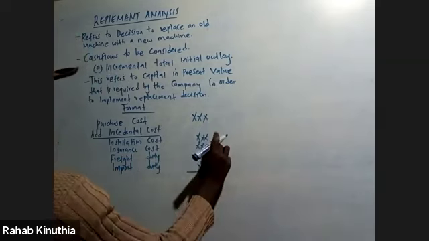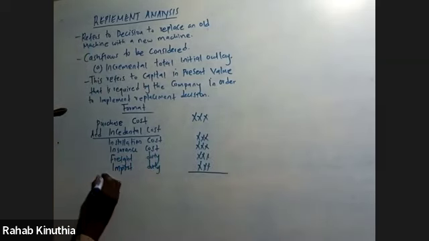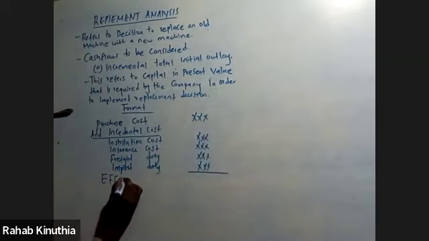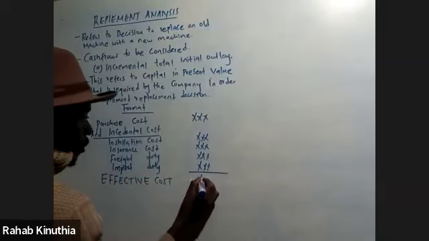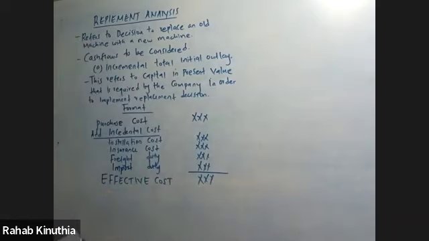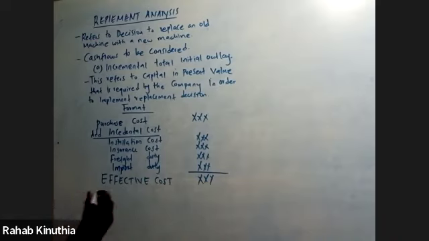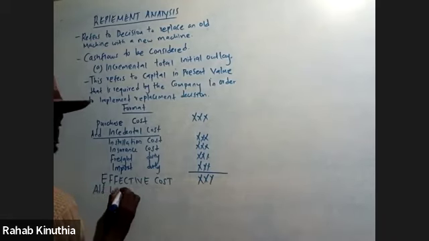Then we add them together. So purchase cost plus incidental cost, you get what we call effective cost. Then we add working capital.